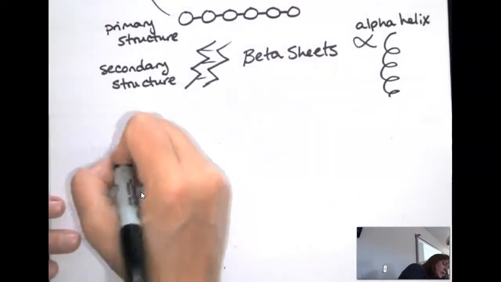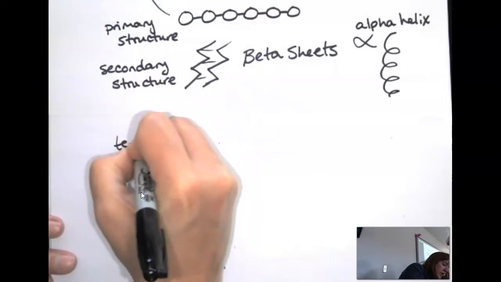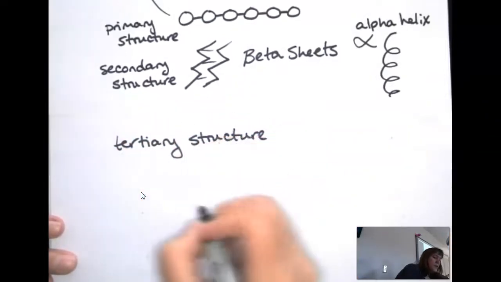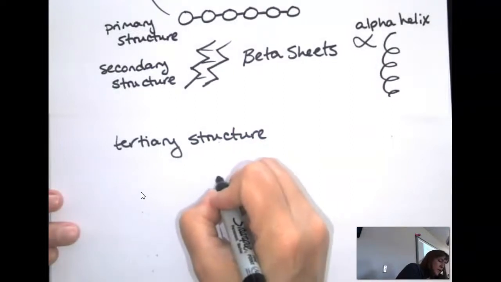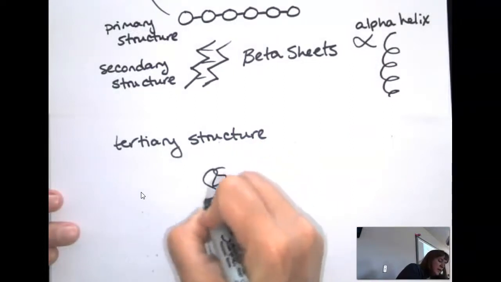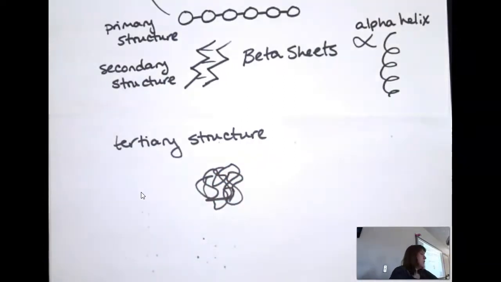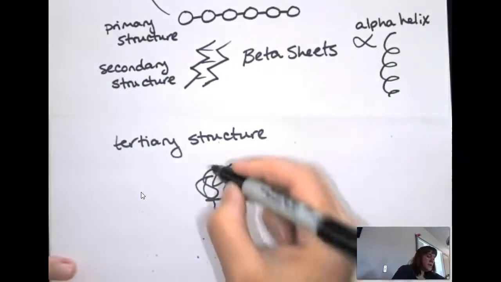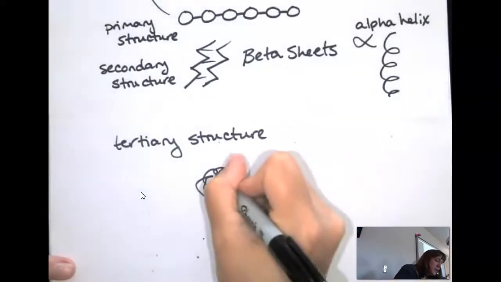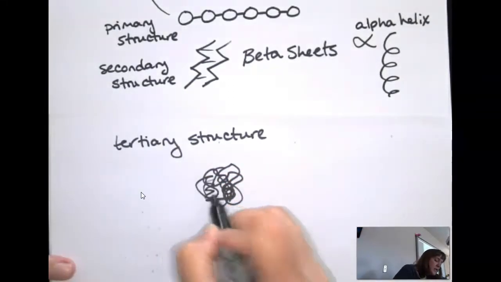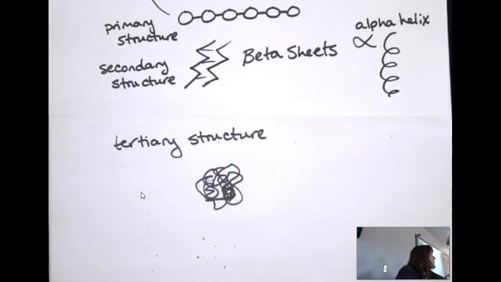And then we get to tertiary. The tertiary structure is something we might be kind of used to seeing, just like a random globular shape. And I guess I shouldn't have made it so globular. Those alpha helixes and beta sheets will be in there.